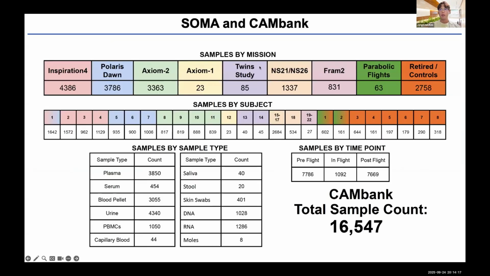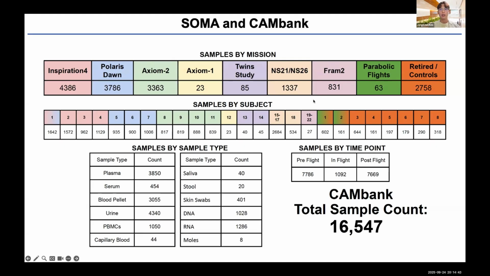Currently, our team has joined some of the SpaceX commercial flight missions: Inspiration4, launched in 2021, Polaris Dawn, launched last year, and Fram2, launched this year. We are also collaborating with the Axiom team to collect samples from Axiom crews, and we also have control sets and parabolic flight sets.